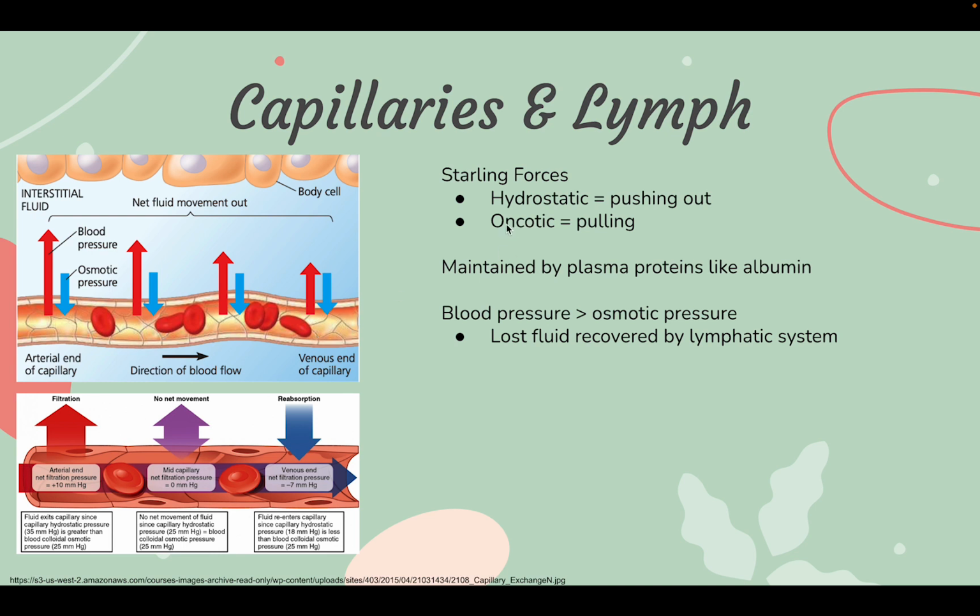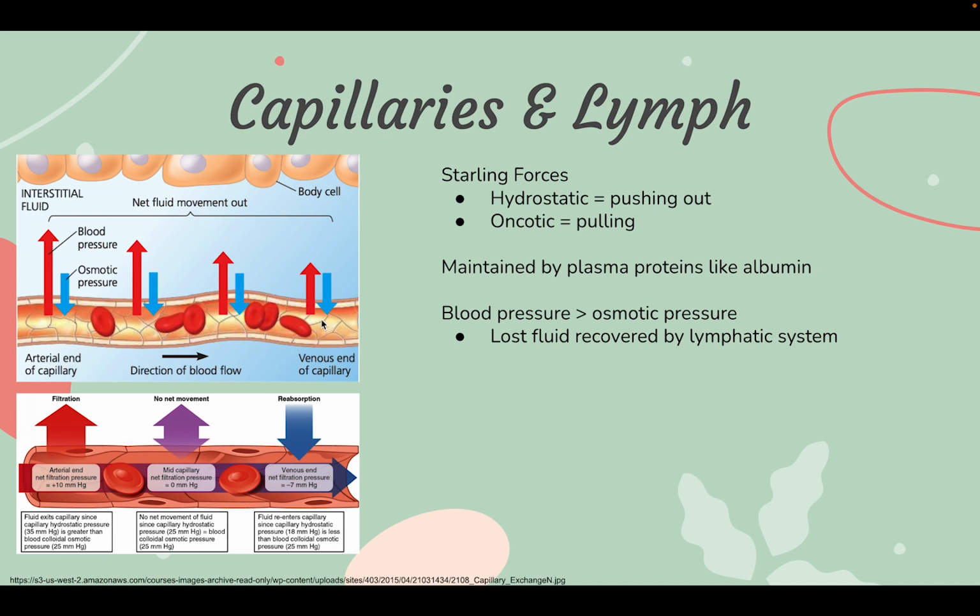Our oncotic or osmotic pressure is mainly going to be from proteins like albumin within our capillaries that are going to want to pull water in. So it's maintained by blood plasma proteins like albumin. And overall, our blood pressure is going to be greater than osmotic pressure, and we're going to lose some fluid into the interstitial space, which is recovered by the lymphatic system.